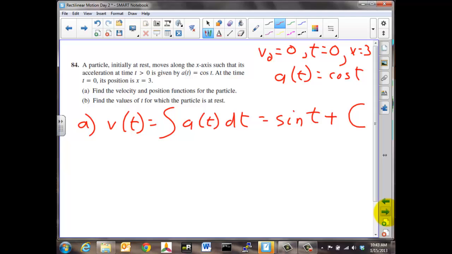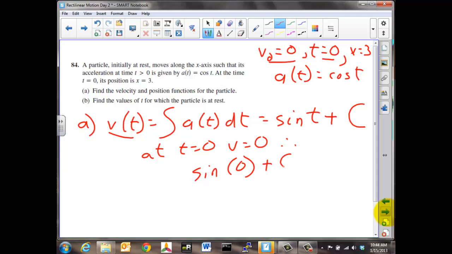At 0 seconds, what was the velocity? Remember, we just found that at t equals 0, v equals 0. Therefore, the sine of 0 plus c has to equal 0. So now, what's the sine of 0? 0.